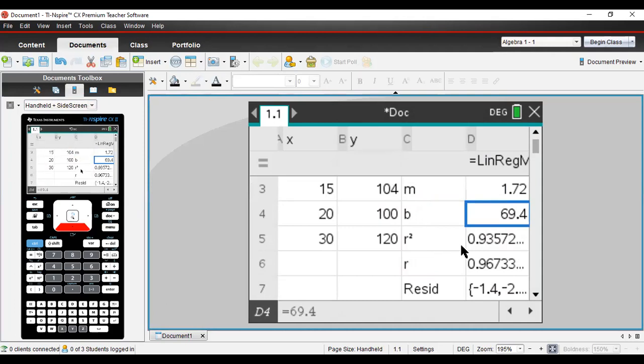So you come up with the equation, and then you go down to the r, and you get that. In this case, we needed to round to the hundredths place, which is 2 decimals. So that's what we did. Since this is close to 1, at 0.97, it's a very strong positive correlation. That's it. So let me stop this.